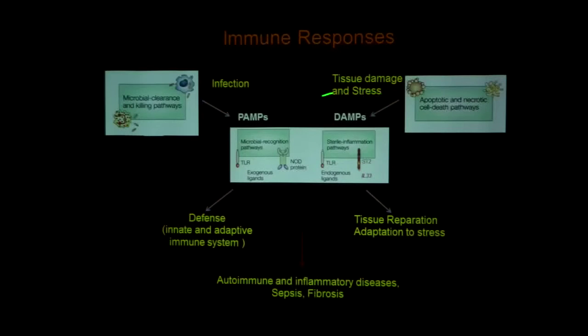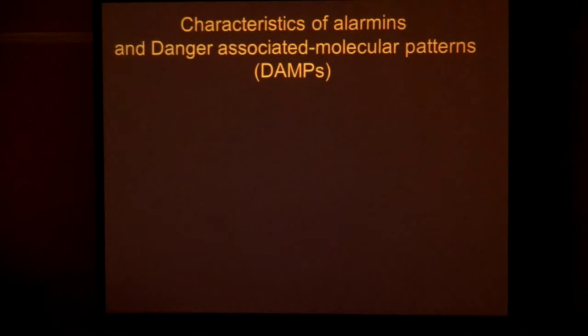It seems that this sterile inflammation pathway, in the absence of infection, can drive tissue repair and adaptation to stress. But if any of these steps are altered, as occurs in inflammatory bowel disease, many inflammatory processes can be linked to them, such as autoimmunity, sepsis, and fibrosis.